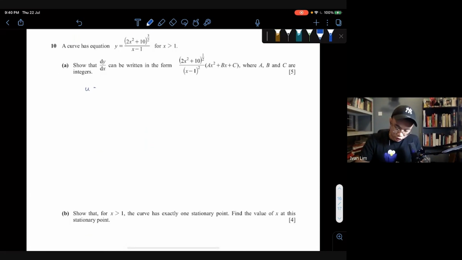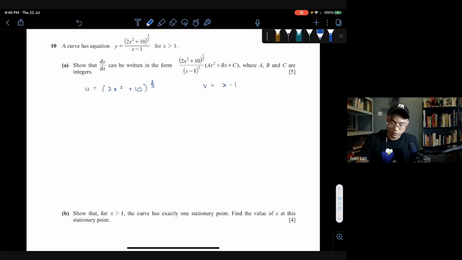So let's break it down. Use the quotient rule. U equals (2x squared plus 10) to the power of 3 over 2. V equals x minus 1. U prime equals 3 over 2 times 4x, so you get 6x times (2x squared plus 10) to the power of half.